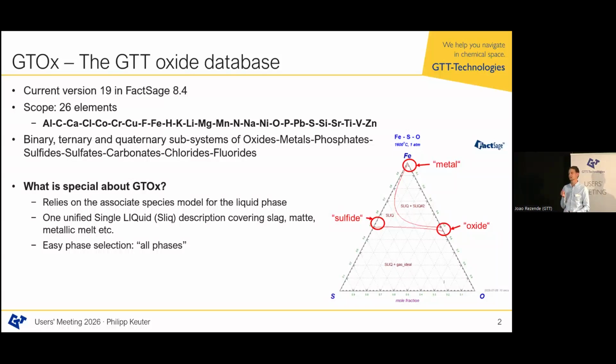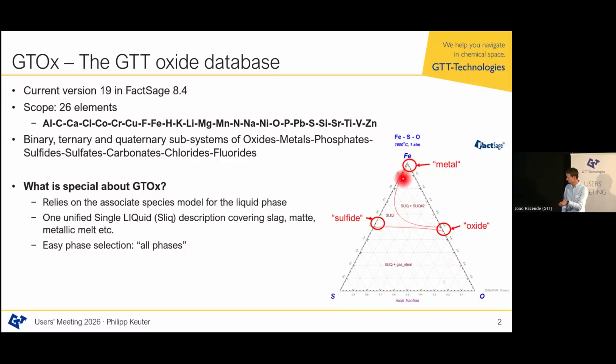What's nice is that ever since the last version, we have a unified description of the liquid phase covering a slag, so oxide, the matte phase, and a metallic melt, which gives the opportunity, for example, to describe in the iron, oxygen, sulfur phase diagram a metal-rich liquid phase here on the iron side.